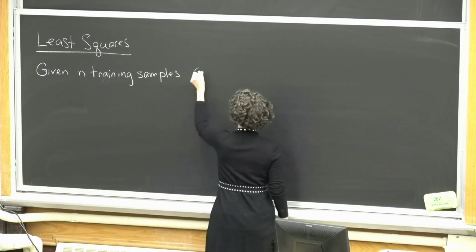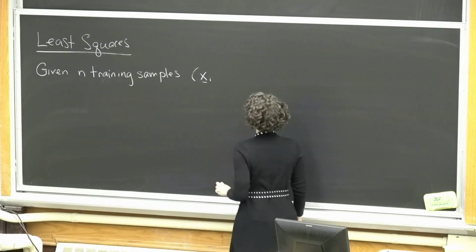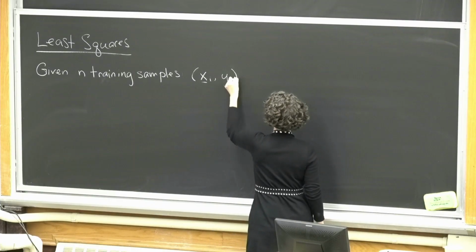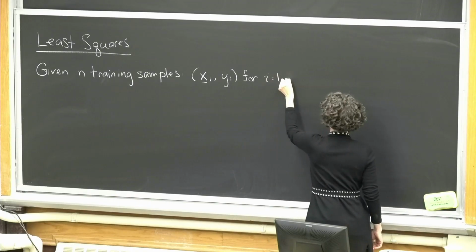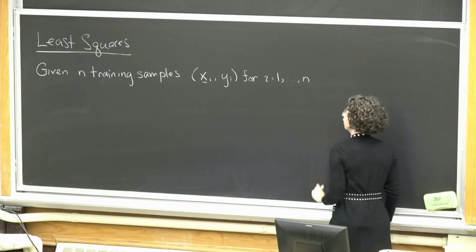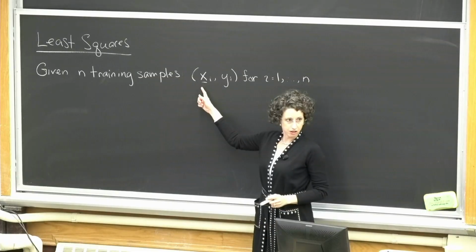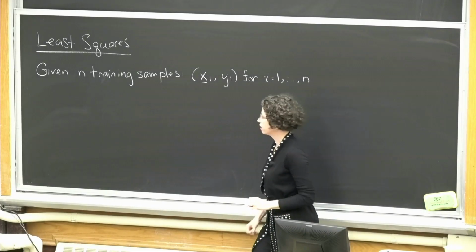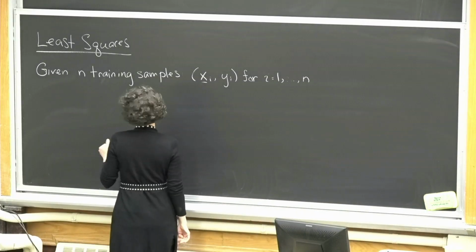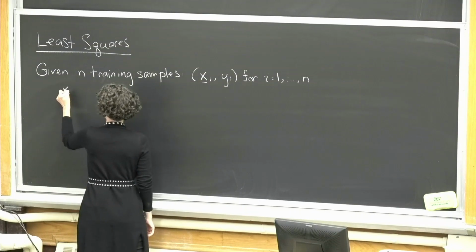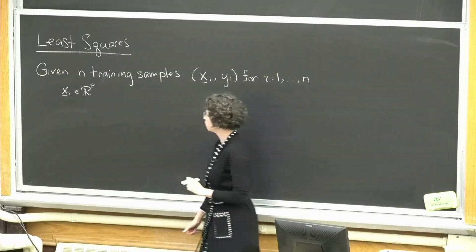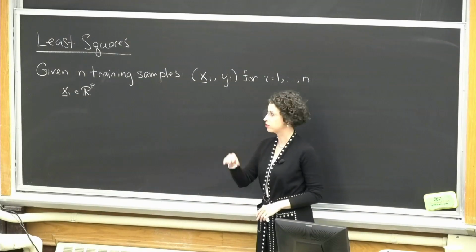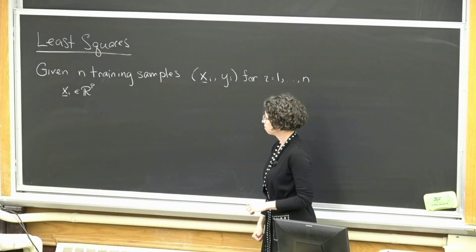which we write as xi, yi for i equals 1 to n. So xi is a vector of features and yi is a label. Each xi we're going to write as being in Rp, which means this is a vector of real numbers with p elements.